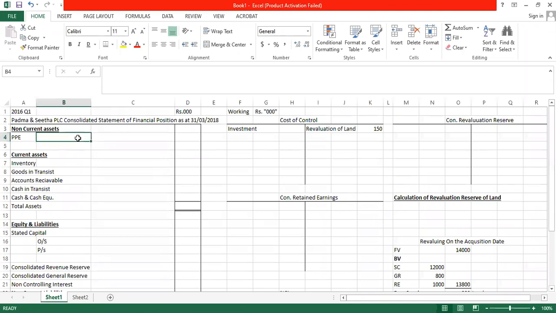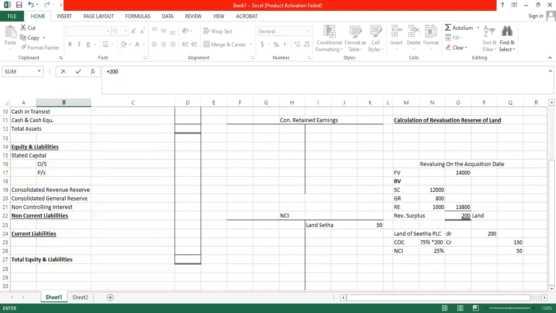So we will put this as plus 200, because you have to add this 200 to your land value. That's how the double entry goes here. This is the first double entry, right? Then we will go to the second one.